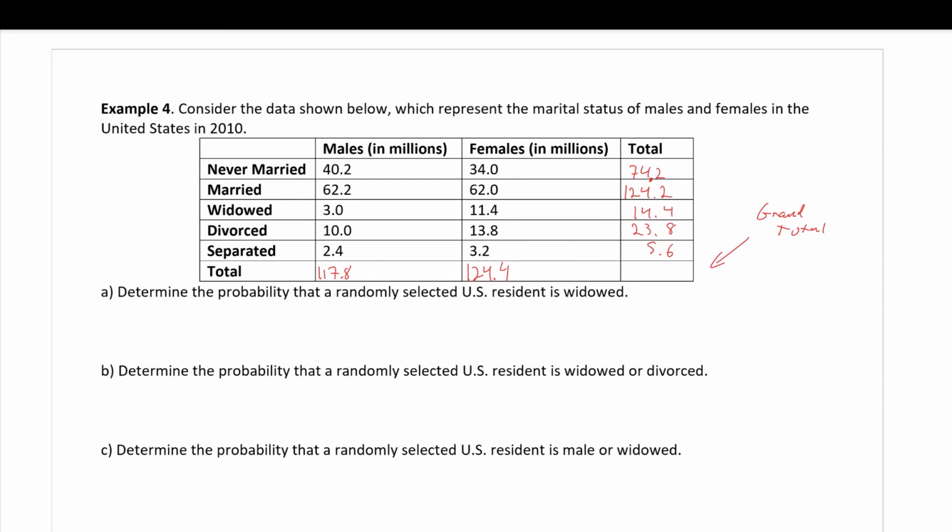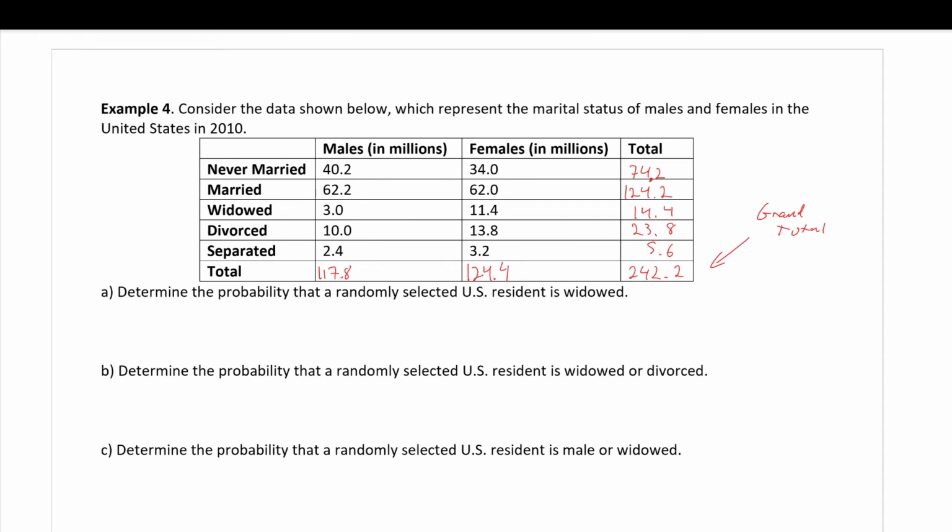You can either calculate that by adding this totals row, or the total column. You should get the exact same number. If you don't, then you did something wrong. If you add those up, you get 242.2. Okay, so 242.2 million. That seems to be the entire adult population of the United States in 2010. That makes sense. Let's answer some questions now.